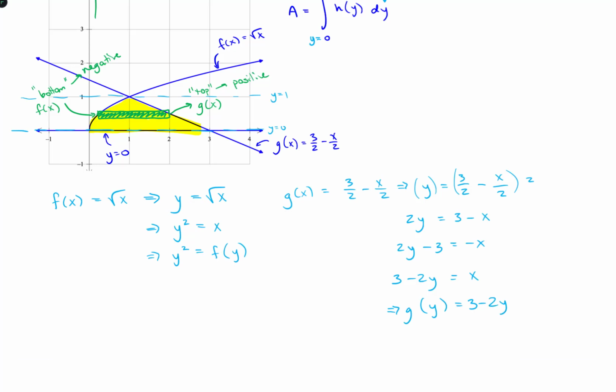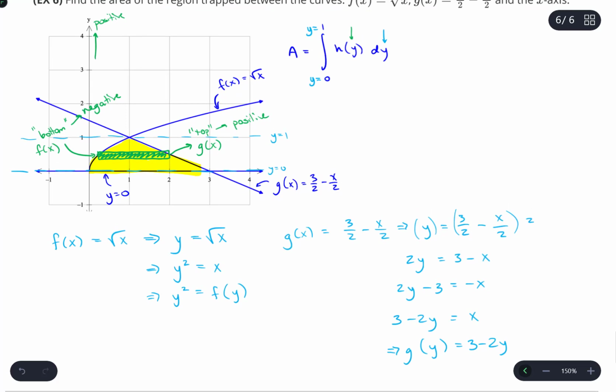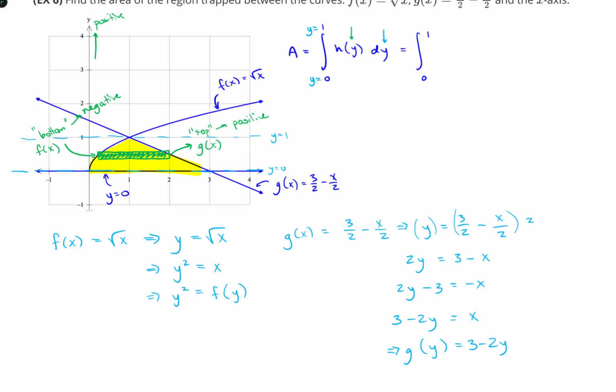So now I have the top and the bottom of this rectangle defined as basically the rightmost point and the leftmost point with these new functions. So I can say my area is going to be defined as the integral from 0 to 1 of the most positive, so the function g is the most positive here on this entire interval.